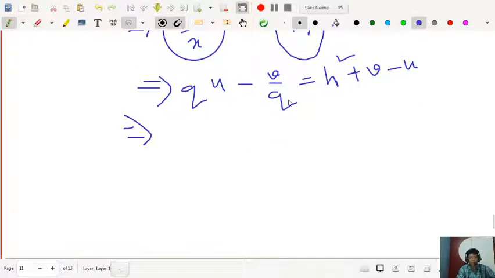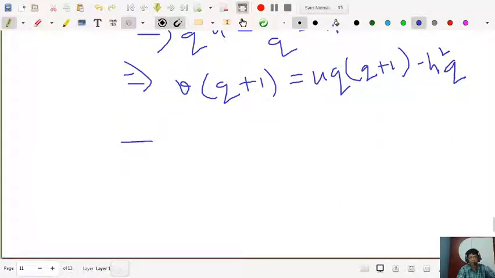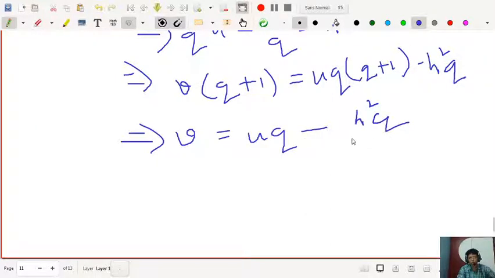If you do the simplification, you will get v into q plus 1, if you take, and u q into q plus 1, if you do the manipulation over there, h square into q, and if you divide by q plus 1, you will have v equal to uq minus a square q by q plus 1, provided that q is not equal to minus 1.